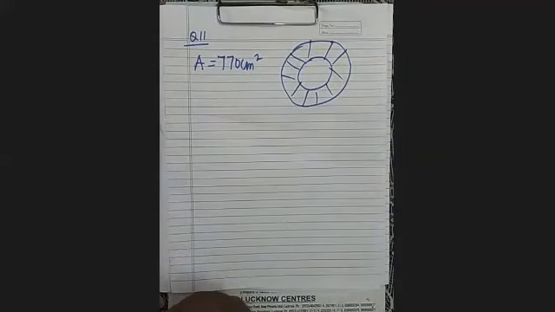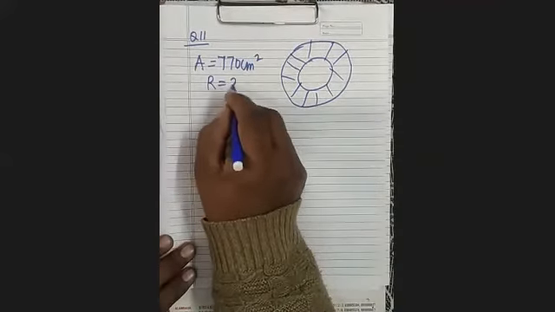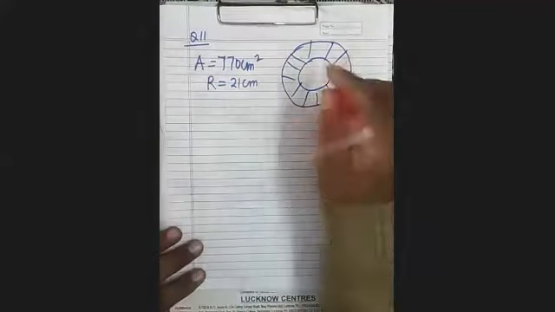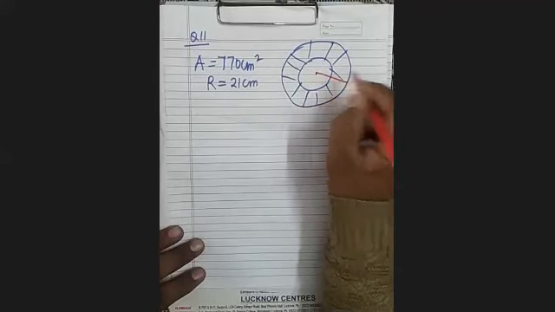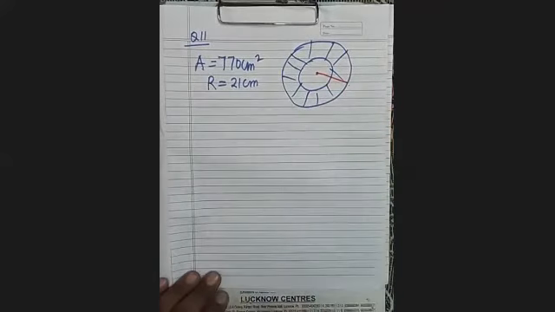Now, when there are 2 circles, their radii are represented by different symbols. So the radius of the outer circle is 21, meaning capital R equals 21 centimeter. See here, this is the center, this will be the 21. It's clear? This length will be equal to 21.